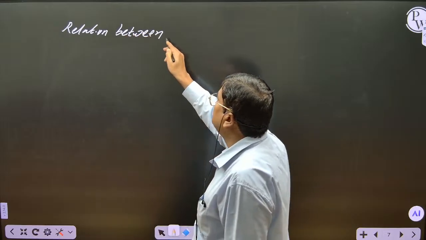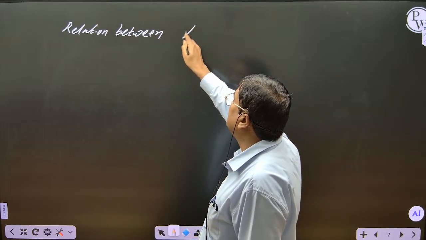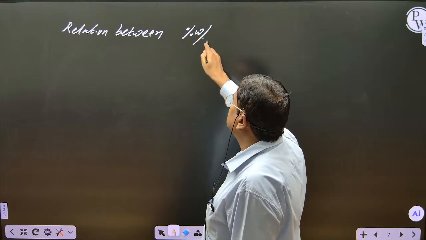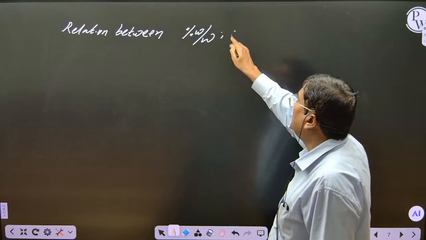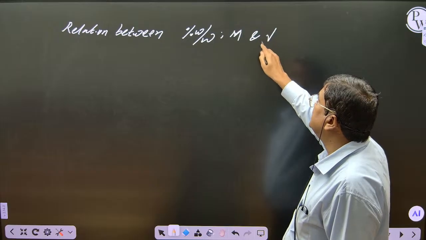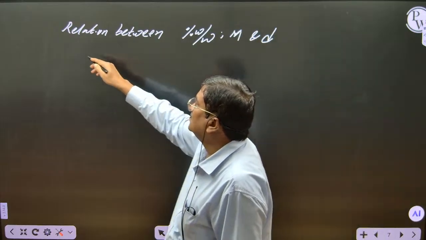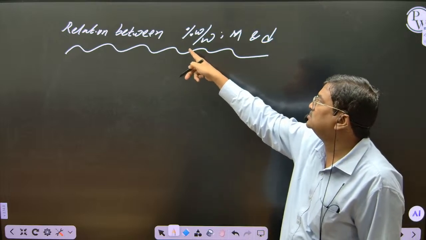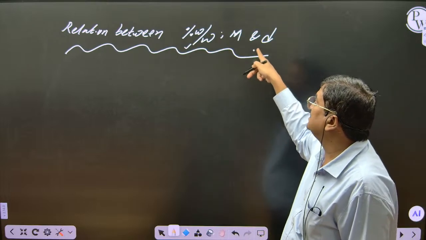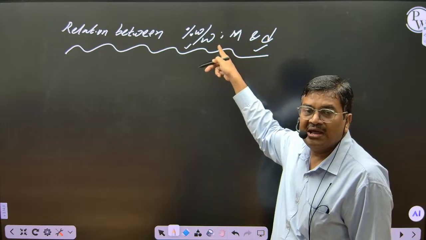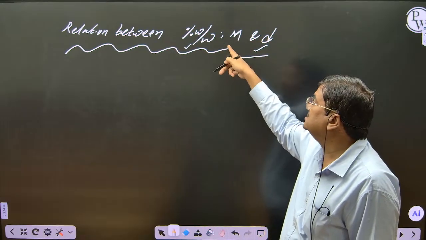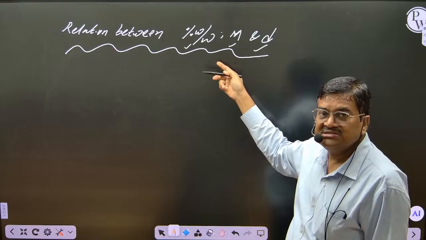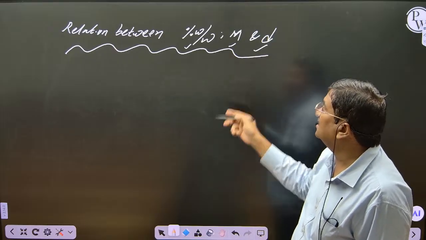There is a relation between mass percentage, that is W by W, molarity and density. So this is important. In exams they give you mass percentage, they give you density, and they ask you to find molarity. In NCERT this type of questions, and even in JEE Mains and NEET they are asking questions on this.